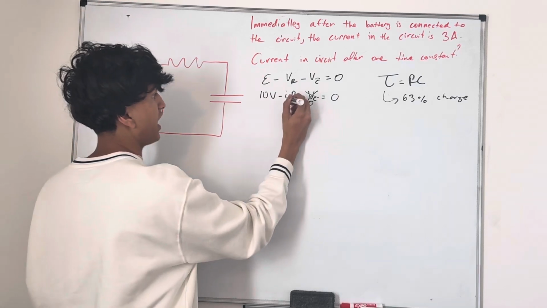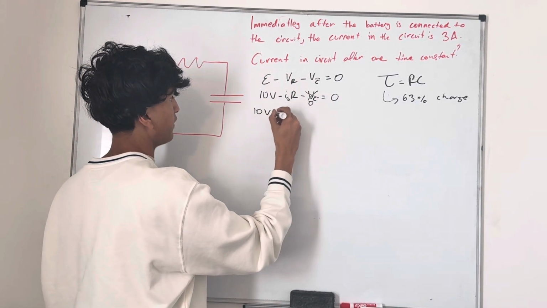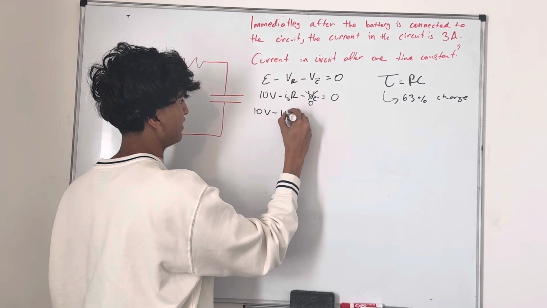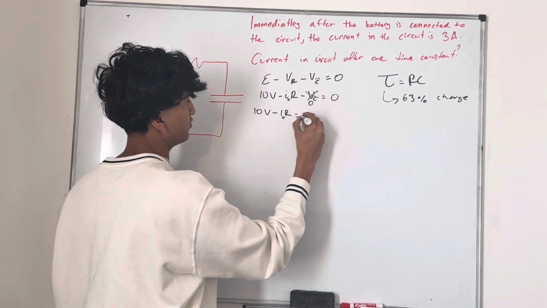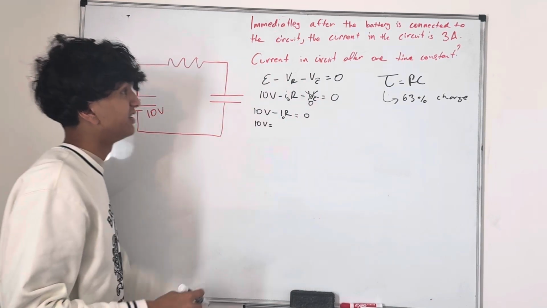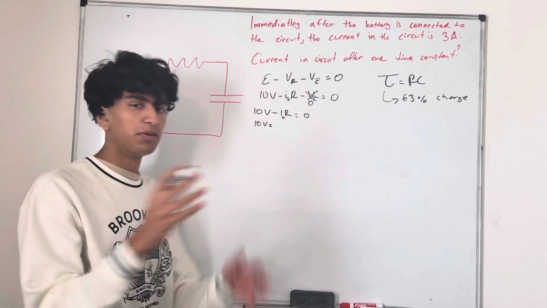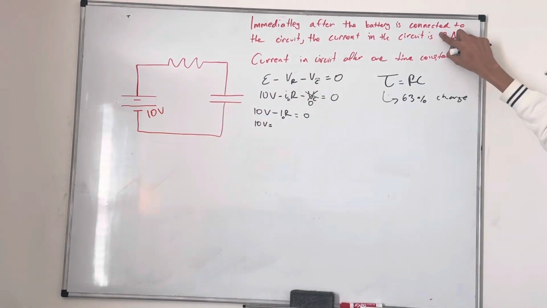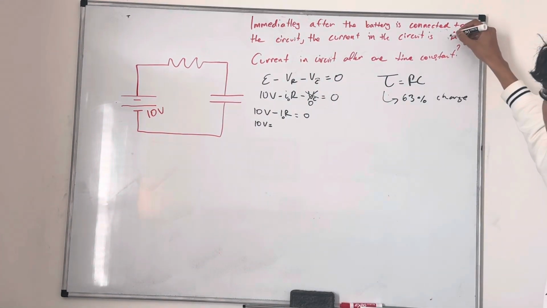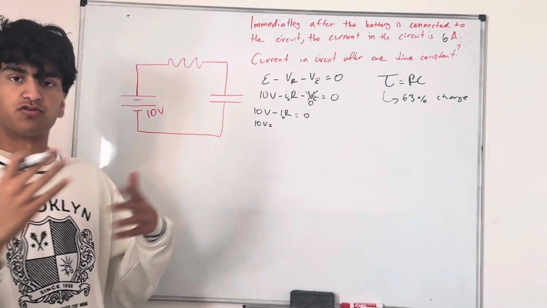So I initial, and then 10 volts minus I times R equals 0. 10 volts equals I initial times R. I initial, sorry, I'm going to make it 6 because the problem initially was 6, since this was actually a lab problem.